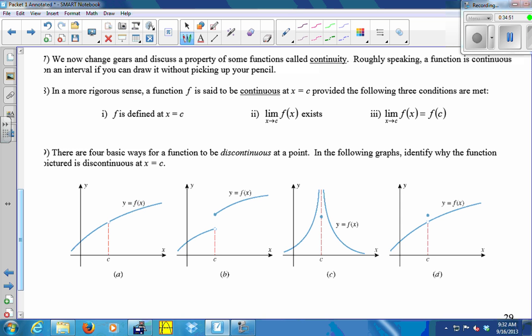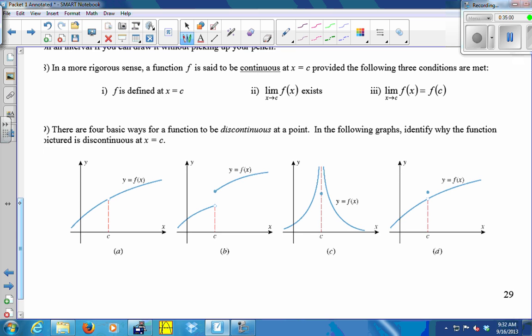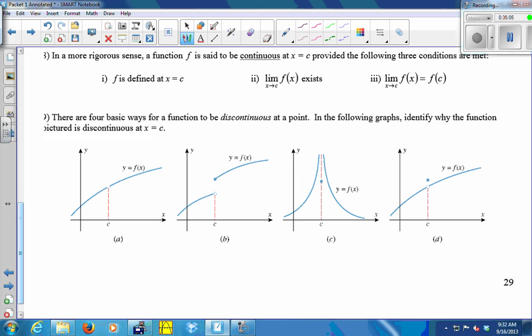Okay, so there are 4 basic ways for a function to be discontinuous at a point. We want to identify why the function is discontinuous at c using the rigorous definition. Like, what part of the definition has failed in part A? f isn't defined at c, right?